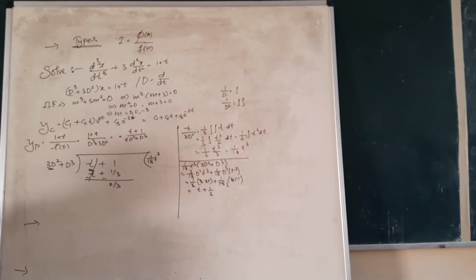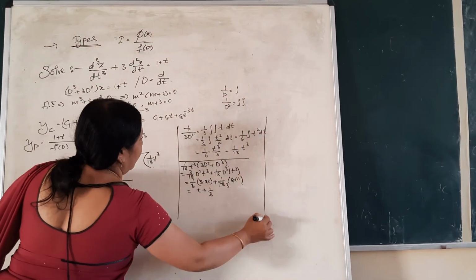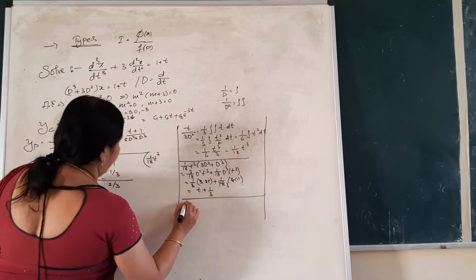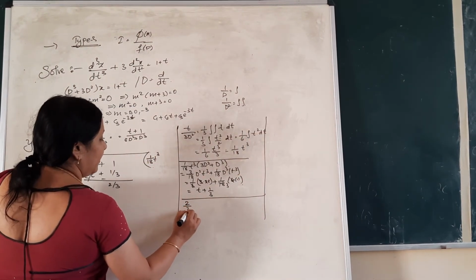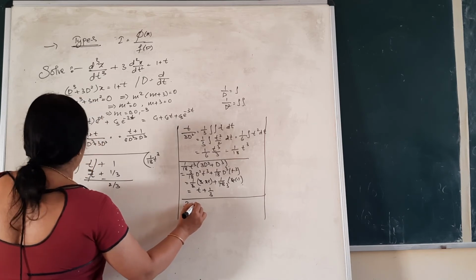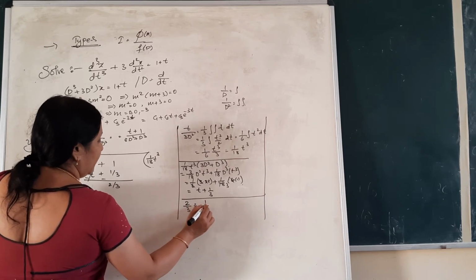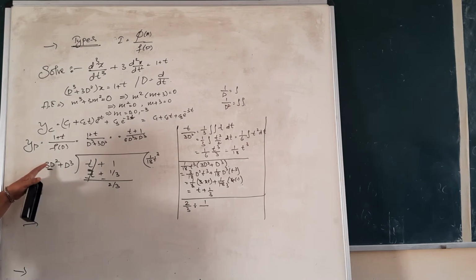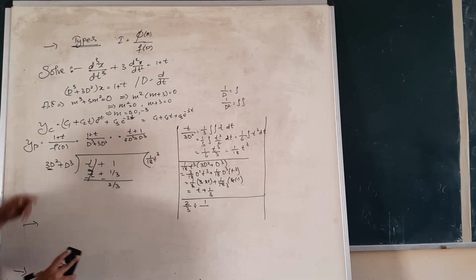Understood? Now once again, 2 by 3 divided by the first term, which is 3D square. That means that will go to the denominator.